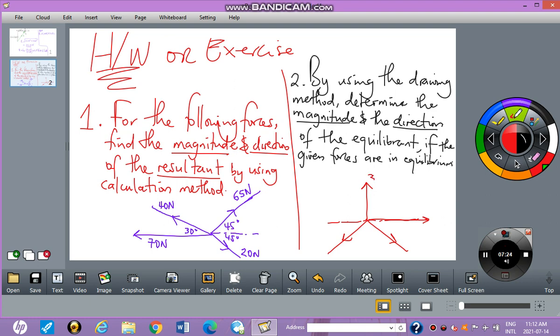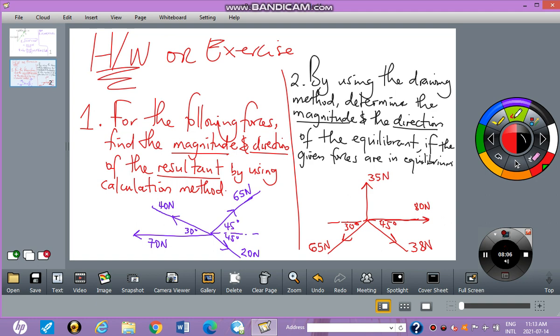So we have 35 times 80 at an angle of 45 degrees to the 8 Newton. Over here there is 30 degrees, and this is 65 Newton. Okay, so number 1, we are doing the calculation methods.